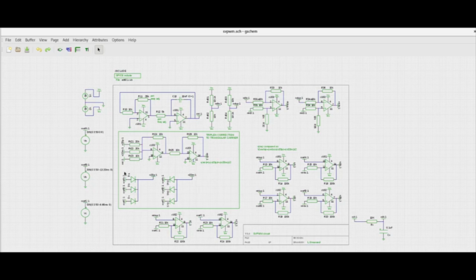So coming back to our schematic, this portion of the circuit is how to add that third harmonic component. So here the carrier is this triangle generator here, and the modulating signals VA star, VB star, VC star are coming from here.